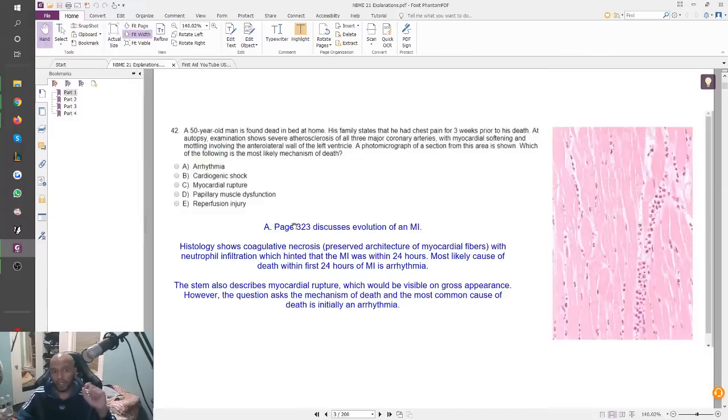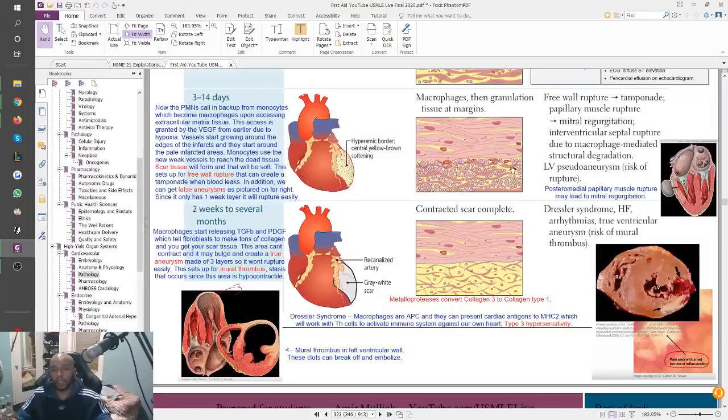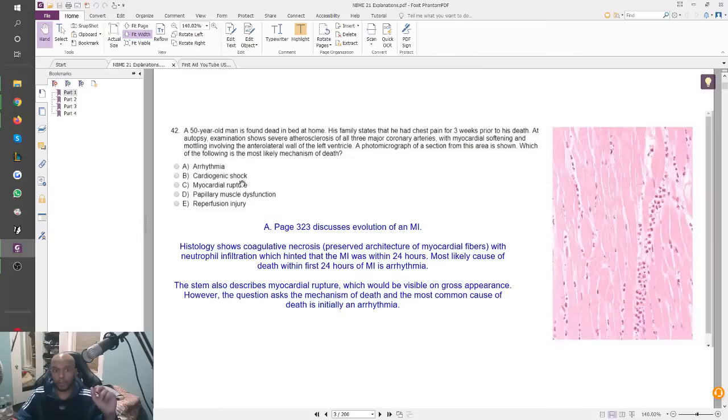The main thing to catch in this question was the fact that your patient died at home in bed in his sleep. And the one thing that could have killed him paroxysmally would be an arrhythmia. It could be ventricular fibrillation, atrial fibrillation, any kind of other arrhythmia whatsoever. But no matter when the MI occurred, he died of an arrhythmia, not of any of these other things.